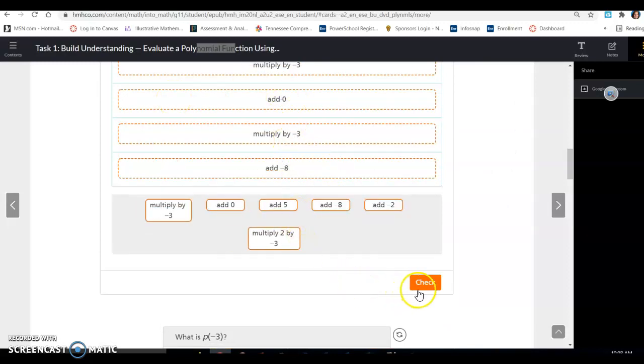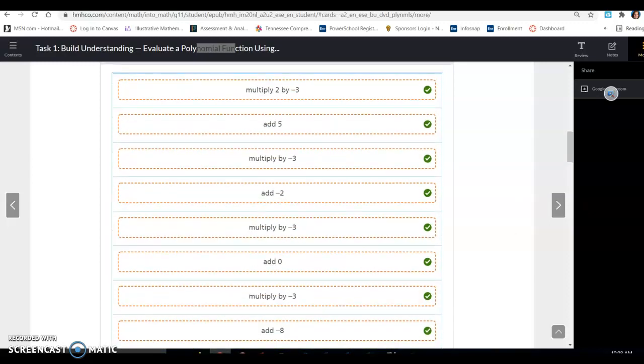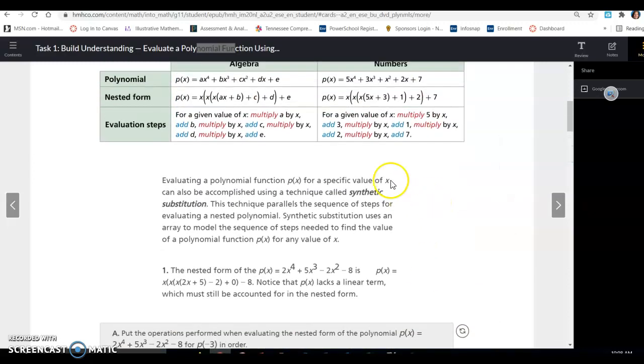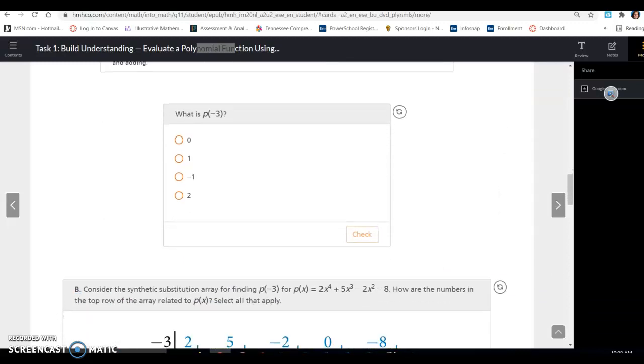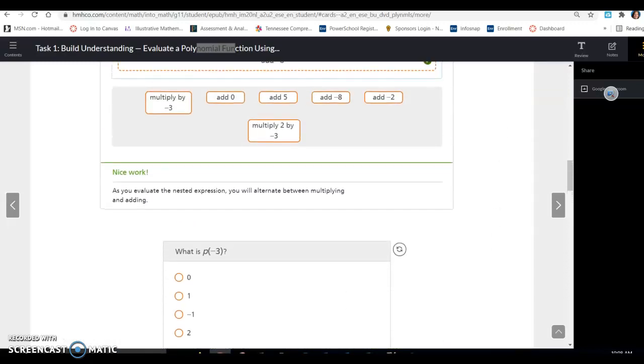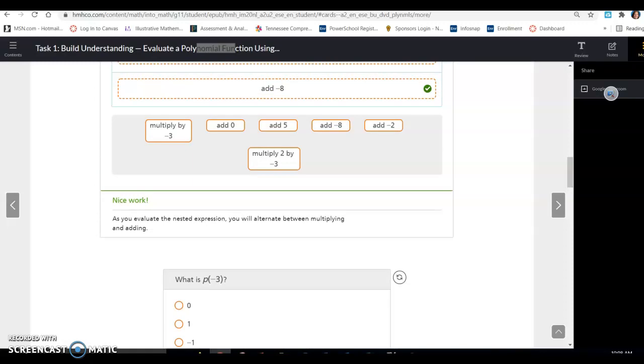All right, so all we're doing is using the steps above for synthetic substitution. Where it says evaluate the steps, this is what we did right here exactly for nested form. It says, what is p of -3? If you use this nested form, it helps you evaluate more easily without a calculator.